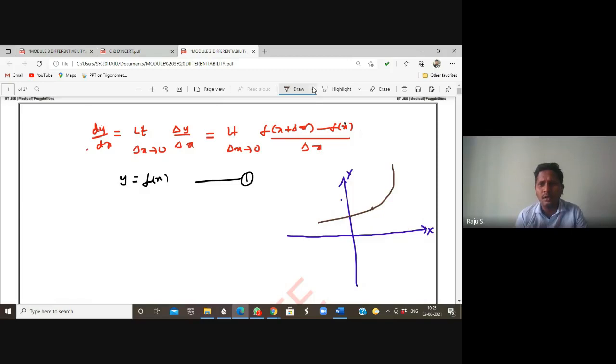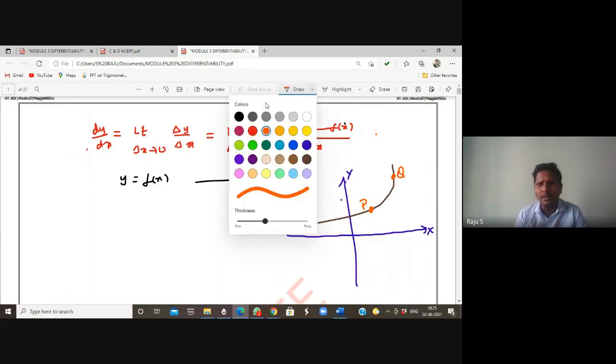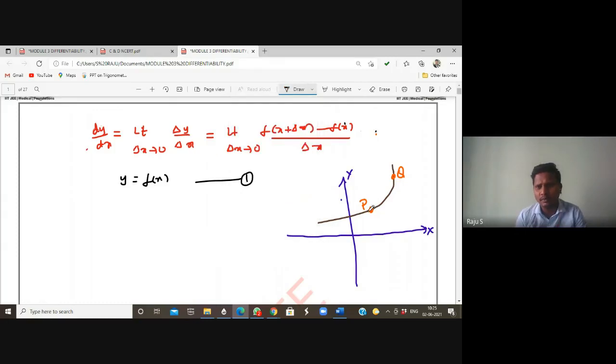And on the curve, I'm taking any 2 points, like this is P, this is Q. The point P, I'm taking as x comma y. P is x comma y, Q is x plus delta x comma y plus delta y.